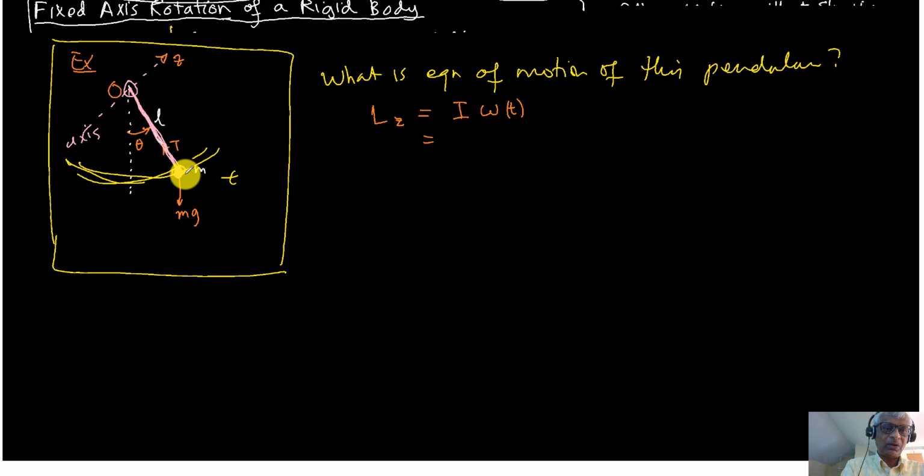I is, since all of the mass is located at a distance L from the axis, m L square, and this will be d theta dt.